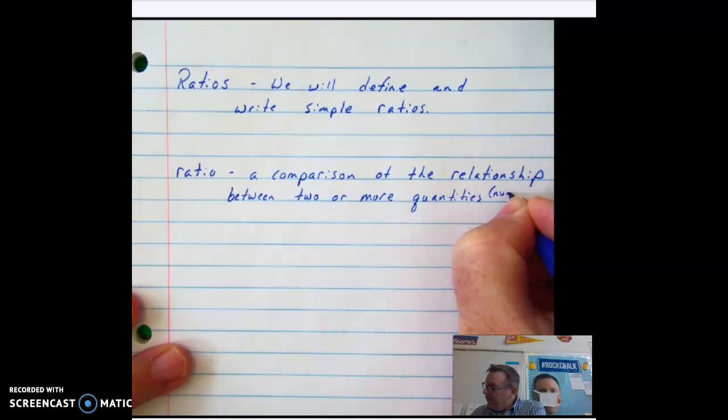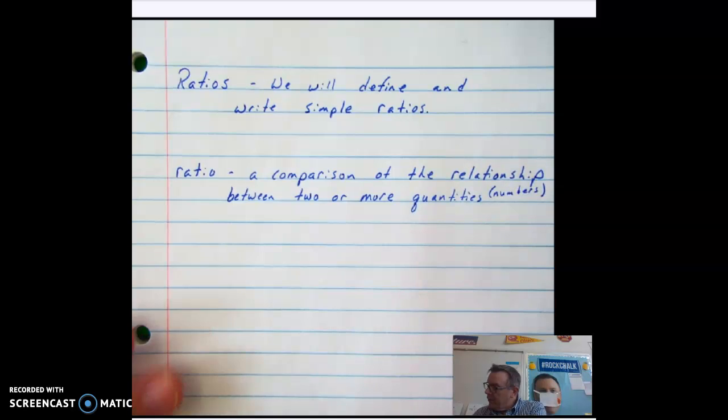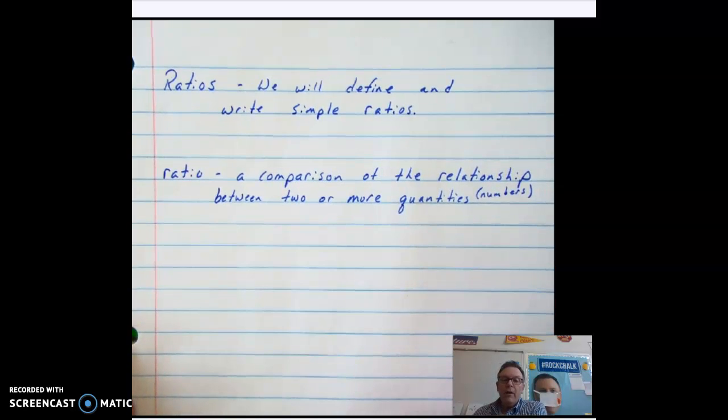Sometimes we can call that numbers too. A comparison of the relationship between two or more quantities.